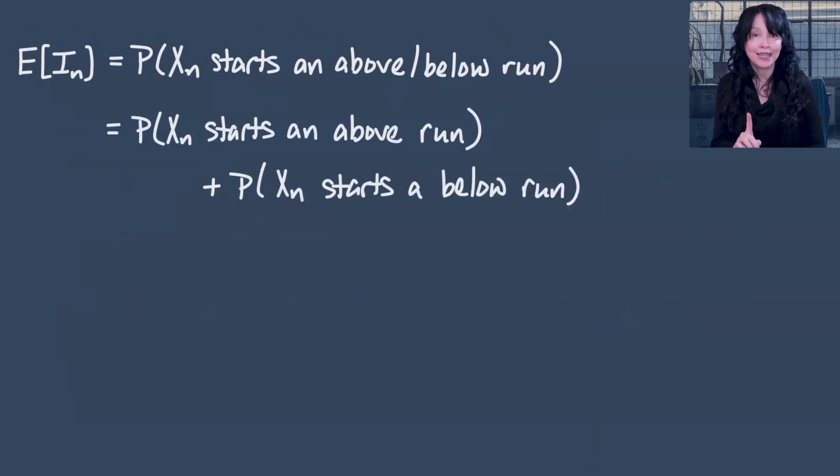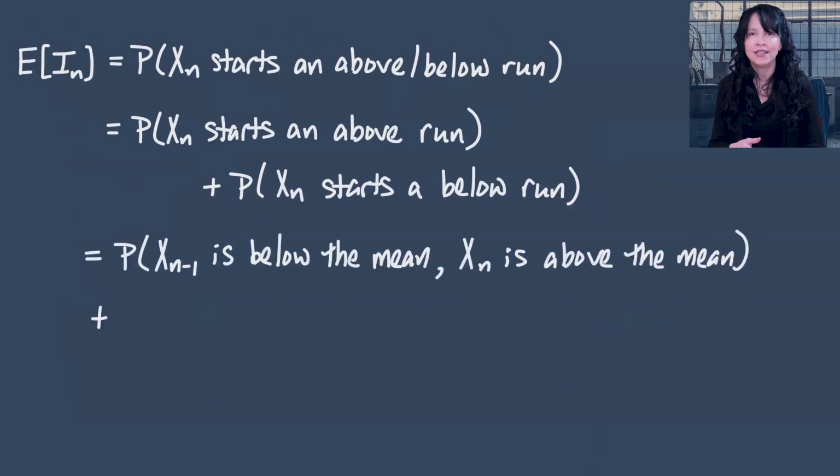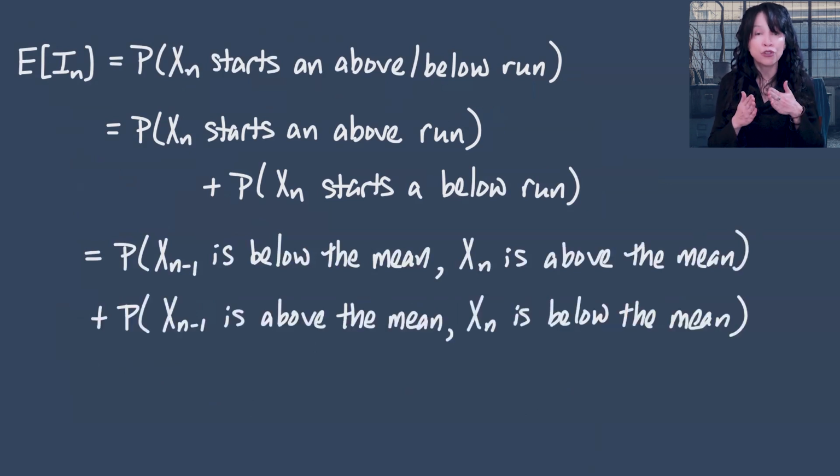So this means we need Xn minus 1 to have been below the mean, so that not only is Xn above the mean, but it is starting a run above the mean. Similarly, if Xn is starting a run below the mean, we need it to be below the mean, and we need the previous value to have been above the mean so that Xn is starting this run below the mean.